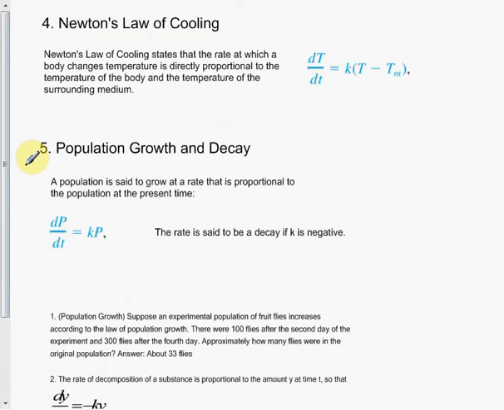We have population decay if it's negative. There are other equations that take this and expound on it, but I want to consider the fundamental one, and then how to solve these using differential equations.